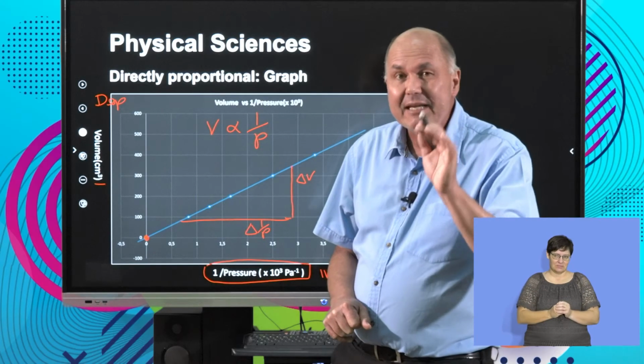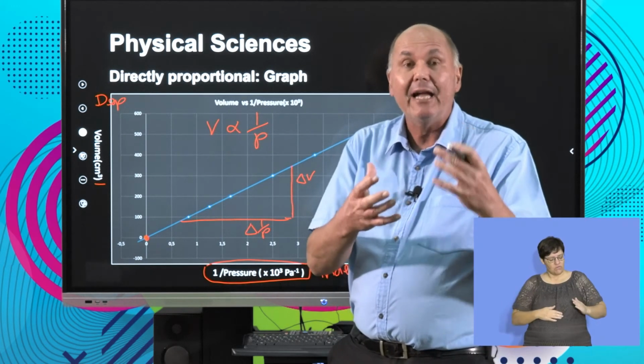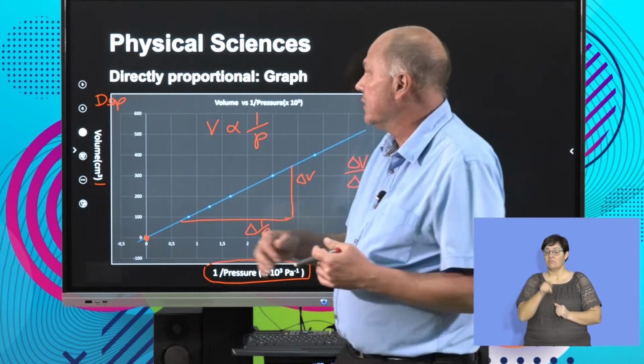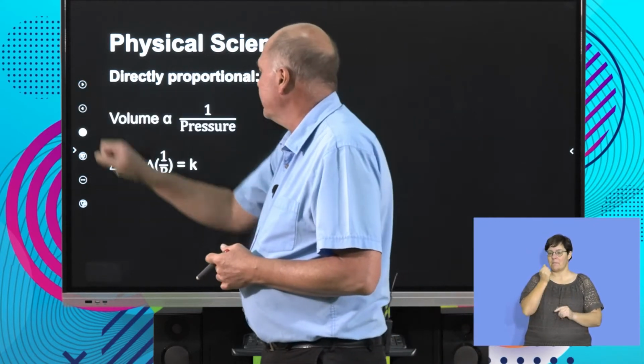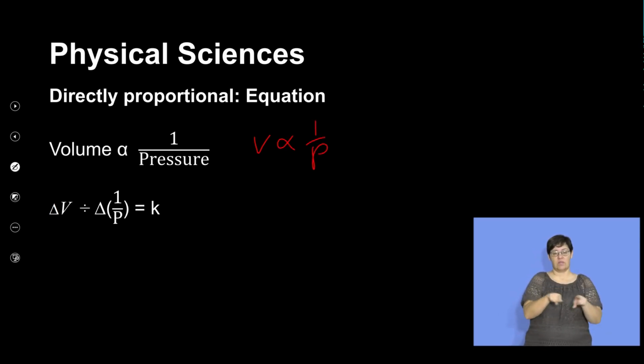Now, let's see the implication of what this gradient is actually representing and how we can use it to find further relationships. So as I've written it in words here, we've written it in symbols previously to say the volume is equal to 1 over pressure. We've written it in that form, we're saying this is a constant.